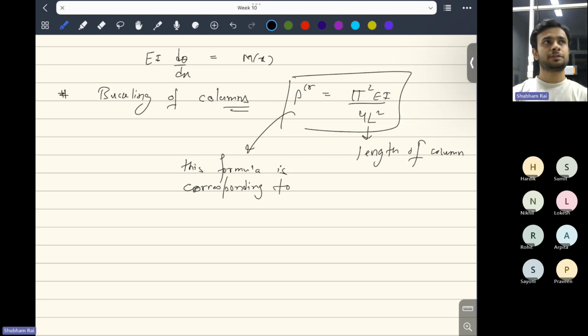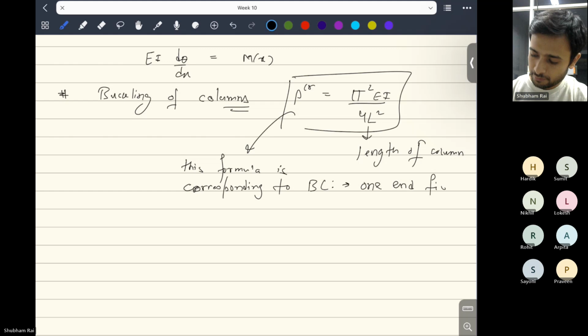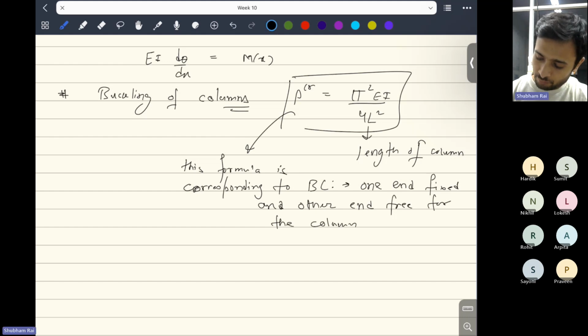And if I am right, it was corresponding to one end fixed and the other end free, for the column. So for different boundary conditions, you have different formulas.